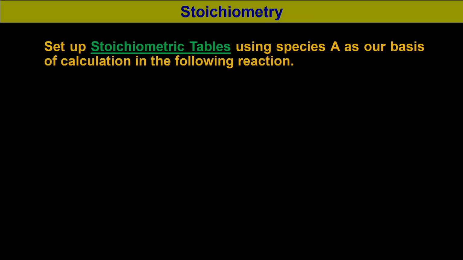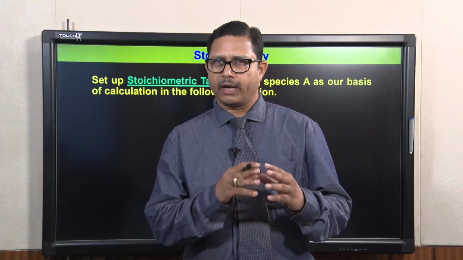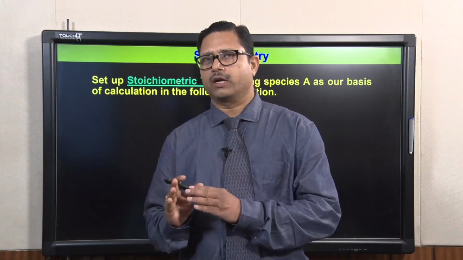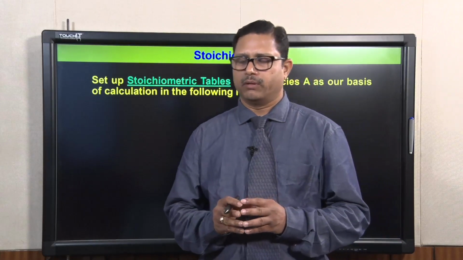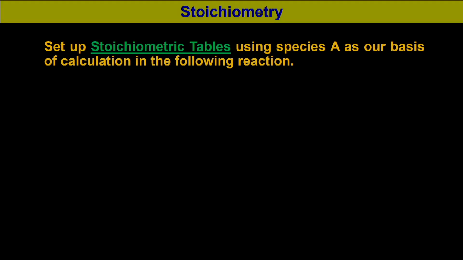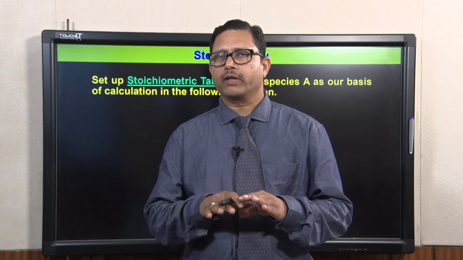Now, we need to set up a stoichiometric table using species A as our basis of calculation in the following reactions. So, to find out the relation between rate of reaction and conversion, we need to make a stoichiometric table. A stoichiometric table is nothing but a balance table for the conversion of reactants to products for a single reaction.